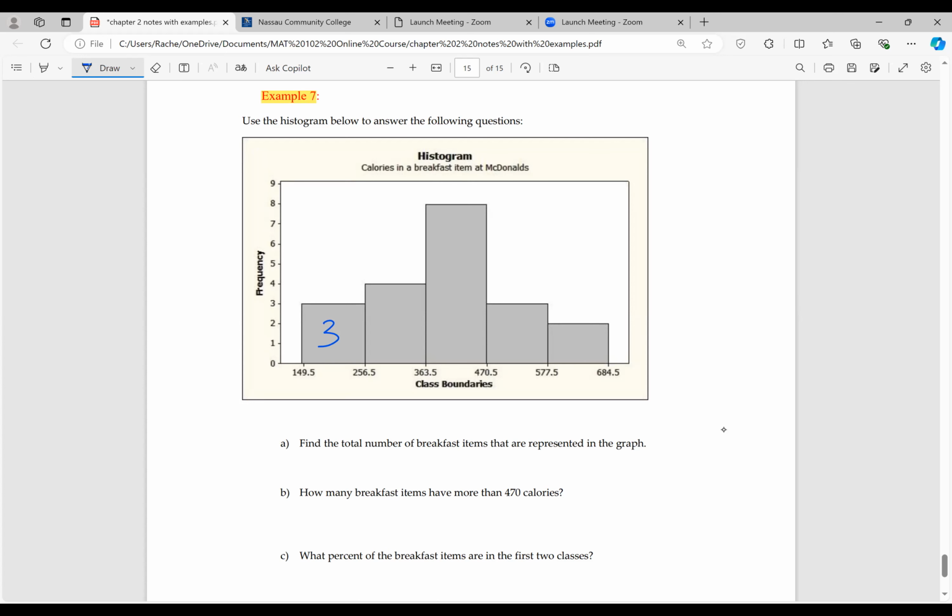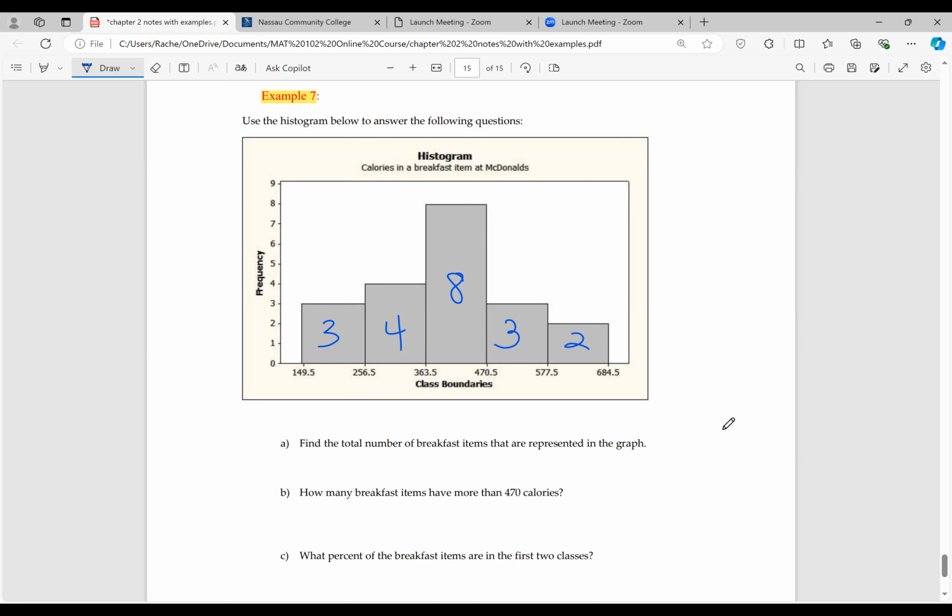The height of the next bar or rectangle is 4. So there were 4 items that had between 256.5 and 363.5 calories. And we could do that for the rest of the bars. So the next bar has a height of 8 items. The next bar has a frequency or a height of 3. And then the last bar has a height of 2. So that represents the frequencies, how many data values, right, fall within each class boundary.